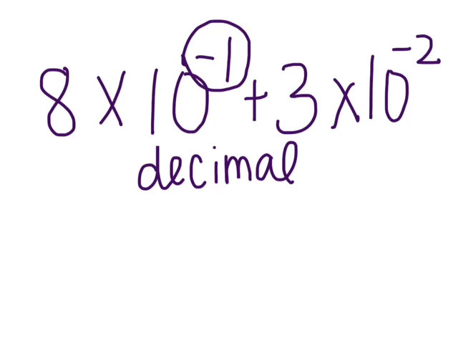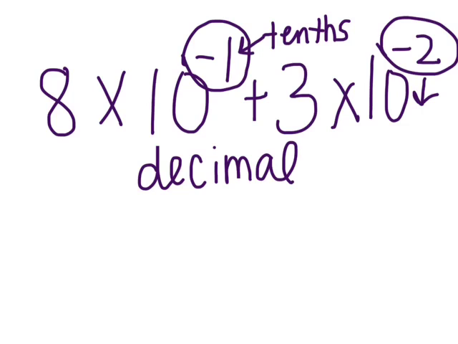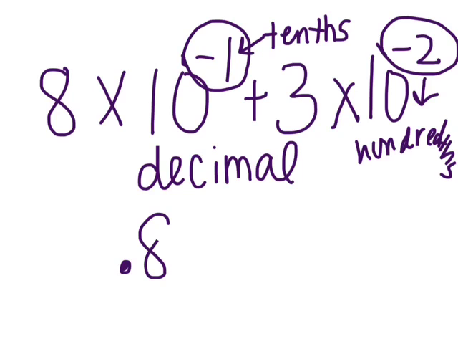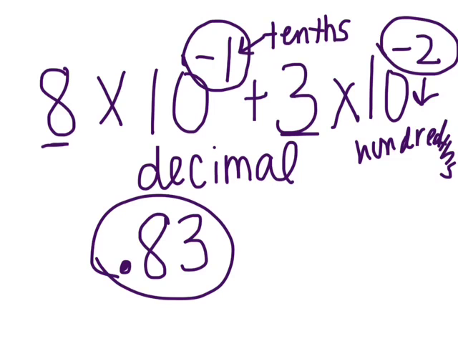No, to the right. This would be 2 places to the right. So this right here would be your tenths place, and this right here would be your hundredths place. So I have 8 tenths and 3 hundredths, which makes 83 hundredths.